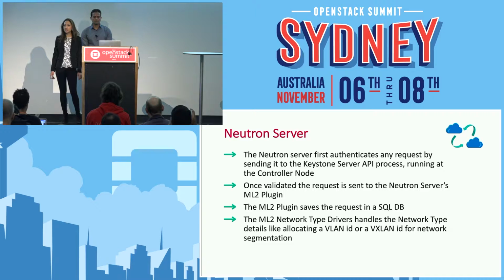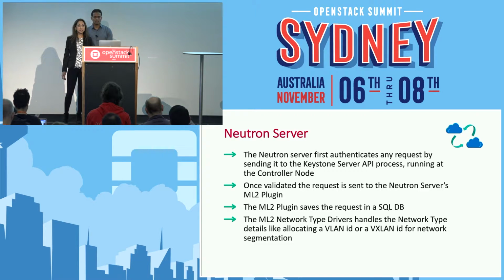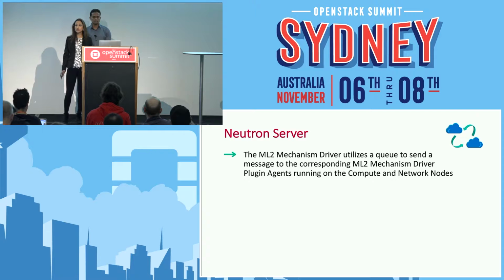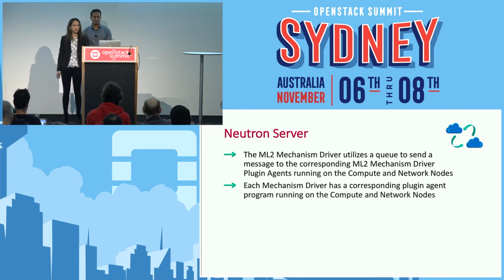The ML2 network type drivers are then responsible for handling the network type details, like allocating a VLAN ID or a VXLAN ID for network segmentation. The ML2 mechanism drivers then utilize a queue to send a message to the corresponding plugin agents running at the compute and network nodes.